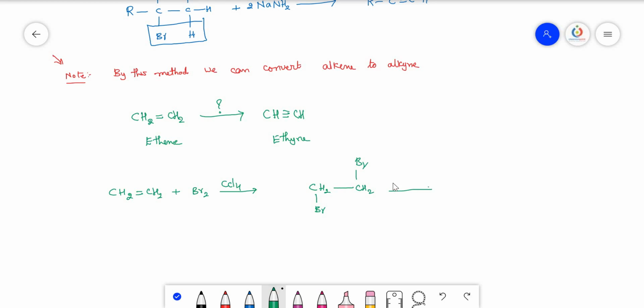The molecule is like this. Now use 2 moles of NaNH2, because each mole removes 1 hydrogen halide. So out of these 2 hydrogens, we write down 1 hydrogen here, so hydrogen halide, and here also hydrogen halide. So finally we get CH triple bond CH. So in this way we can convert the alkene molecule to the alkyne molecule.